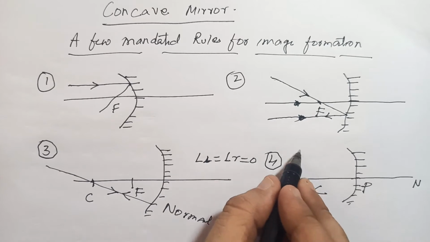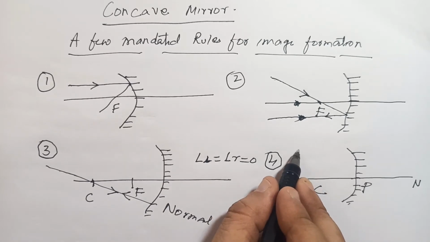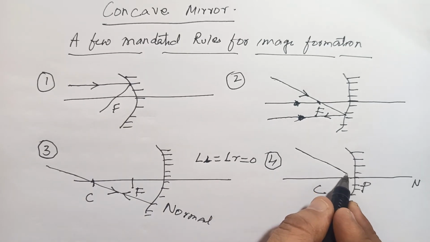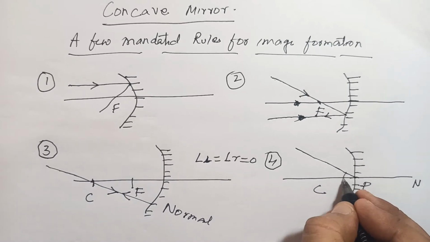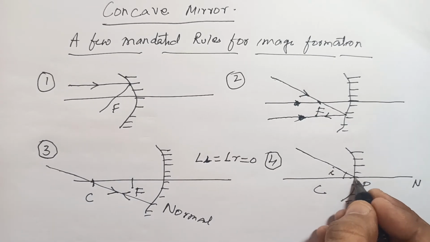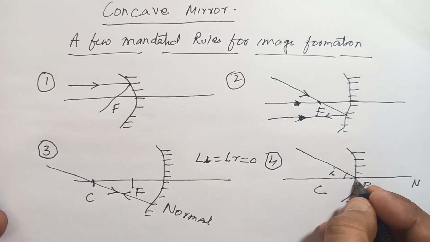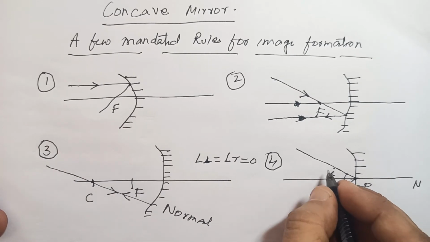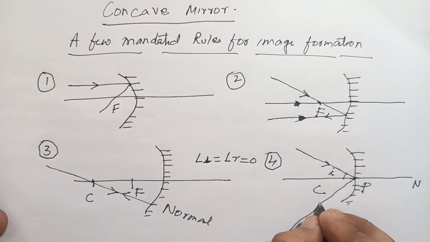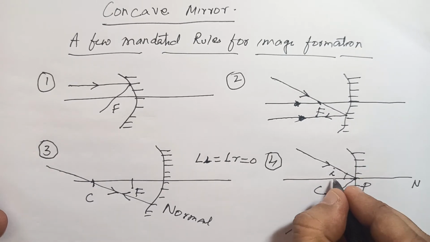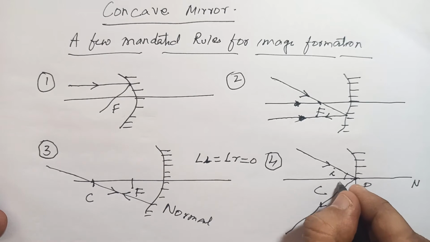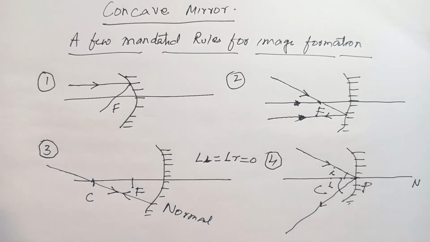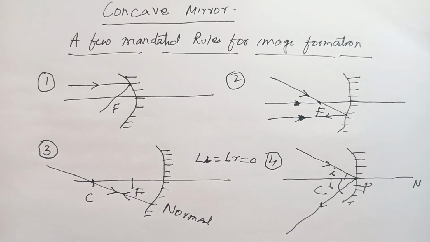If the ray of light hits the pole, then with the same angle it will go back. This I is equal to this I. So these are the four rules for image formation, and first we are taking up the concave mirror.